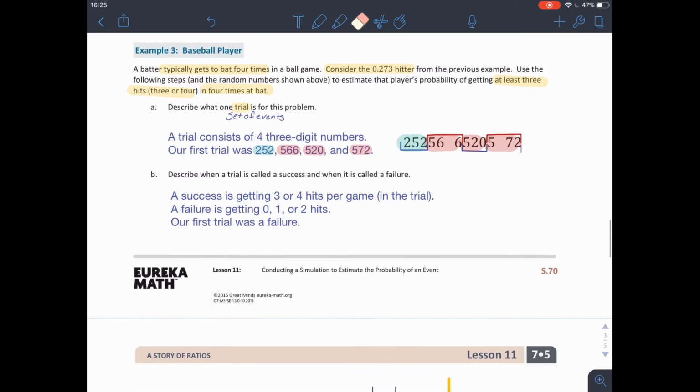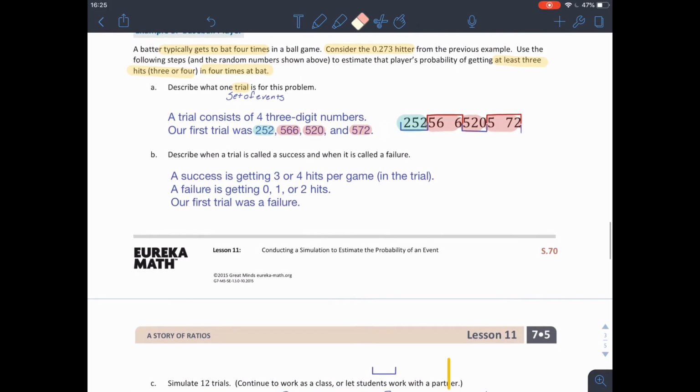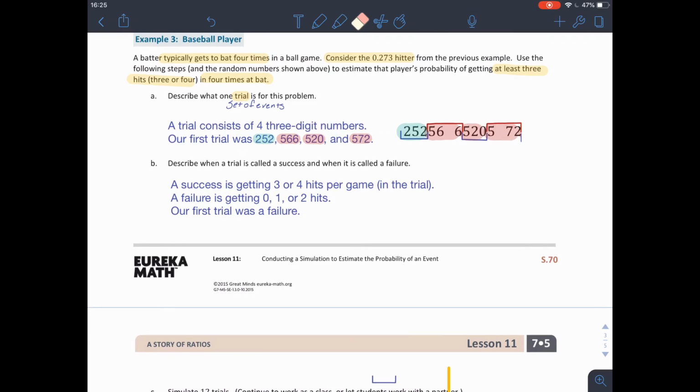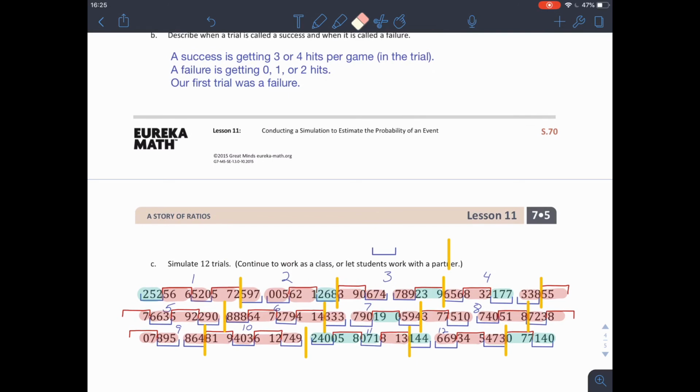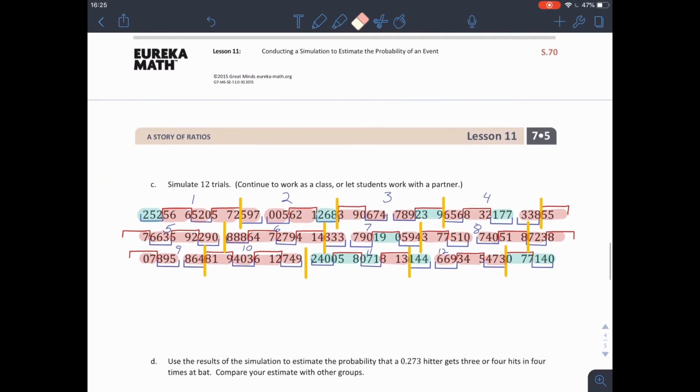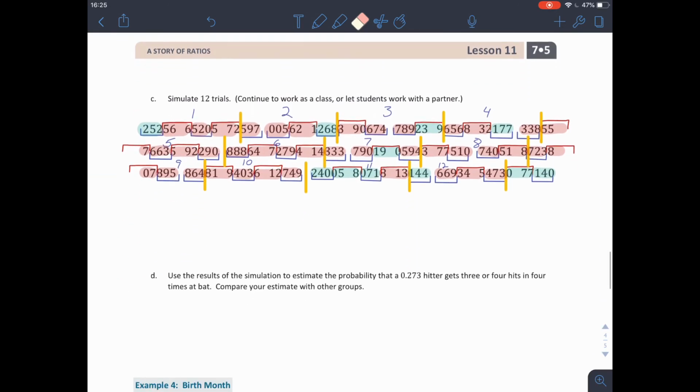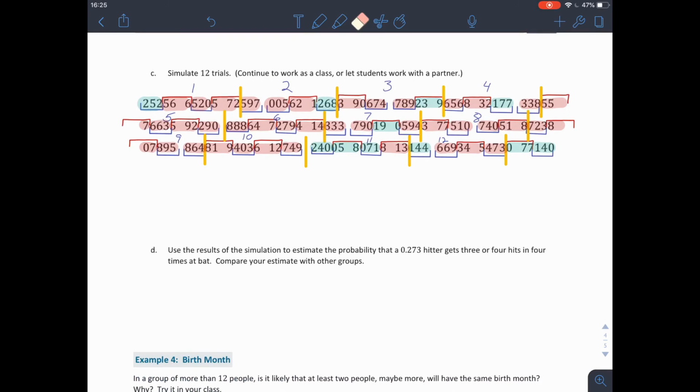Now that we've described what's going to happen in our simulation, we said what a trial is going to look like and how we know if it's going to succeed or fail, we can use that to simulate 12 trials. I just copied and pasted that random number table from above. I drew some lines so it was easier to see which 3 numbers went together.